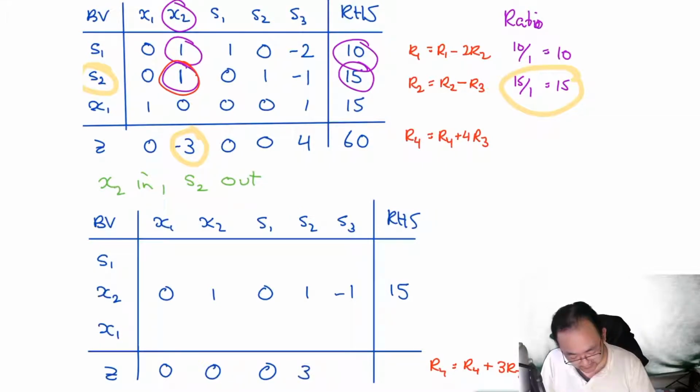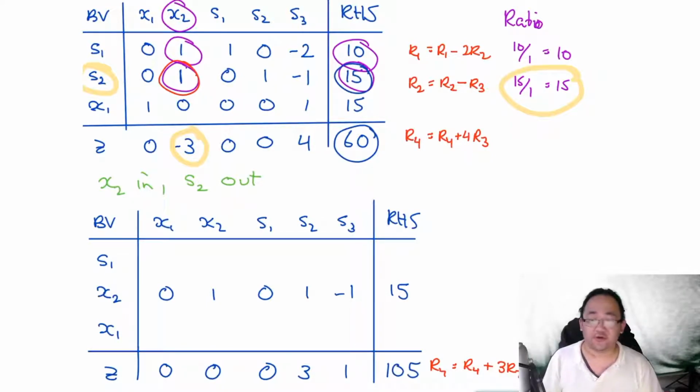And then 4 plus minus 3, so that's going to be 1 over there. And then we've got 60 plus 3 times 15. So that's 60 plus 45, that's going to be equal to 105. Oh, we're getting there slowly.